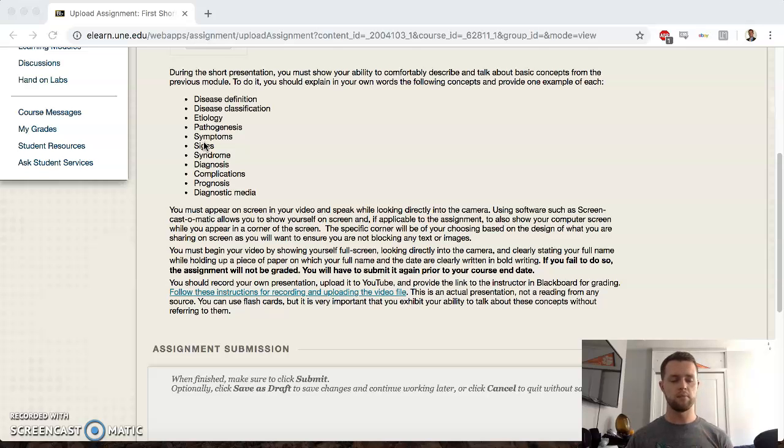The example, again, with periodontitis is that it is classified as a gum disease, and it involves swelling and a plaque buildup of bacteria that leads to irritation, the swelling, and possibly infection, and in some cases pain, which is another symptom. Then we go on to etiology, which is really just the cause of the disease.